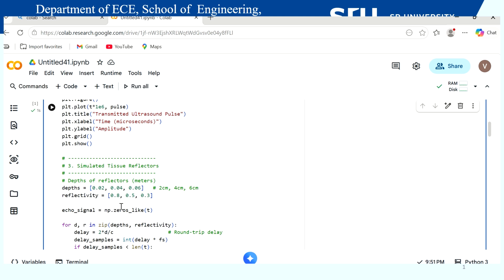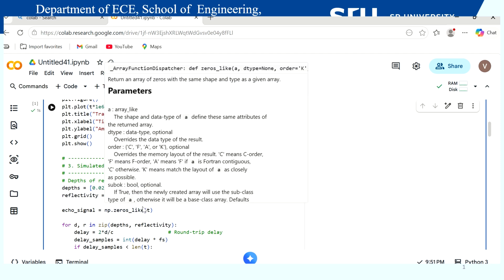This simulates 3 tissue boundaries at 2 centimeters, 4 centimeters and 6 centimeters, and the reflectivity represents how strong the echo is. Higher reflectivity means a stronger echo. Then comes echo signal formation.